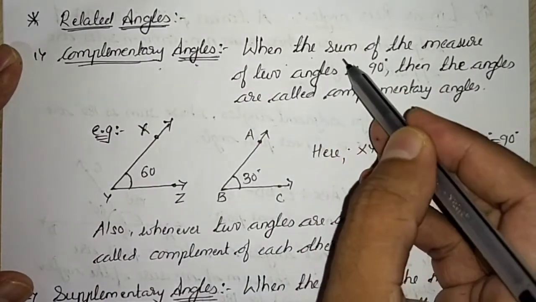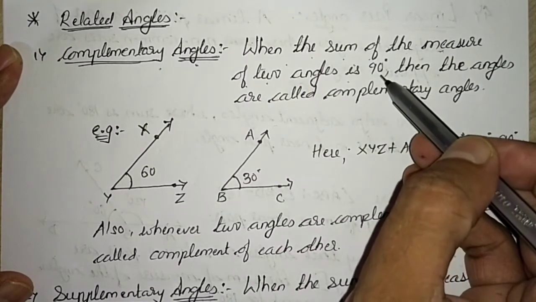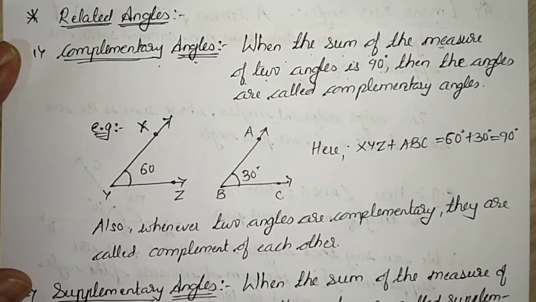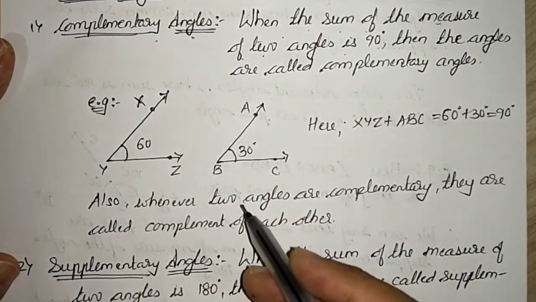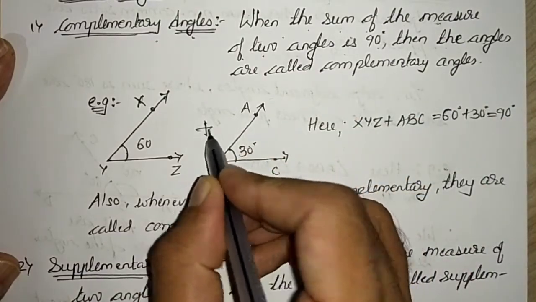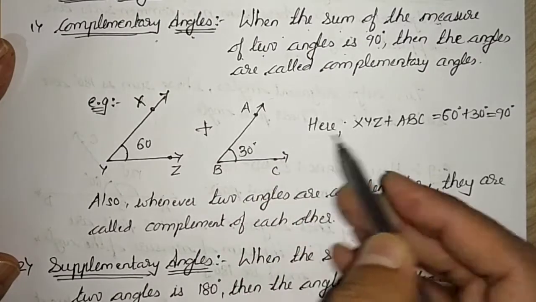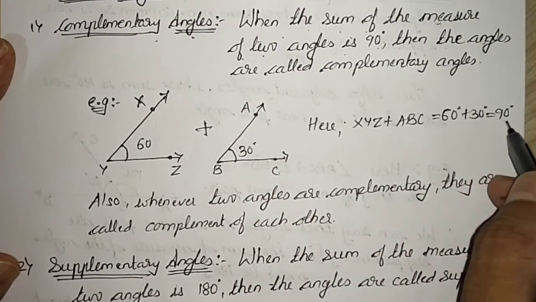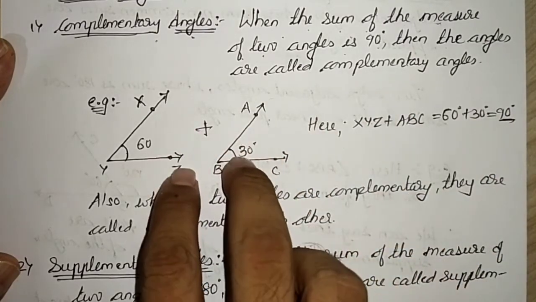When the sum of the measure of two angles is 90 degree, then the angles are called complementary angles. Let us look at the definition through the example. When the sum of the measure of two angles, angle XYZ plus angle ABC, gives us 90 degree, we can say that these are complementary angles.